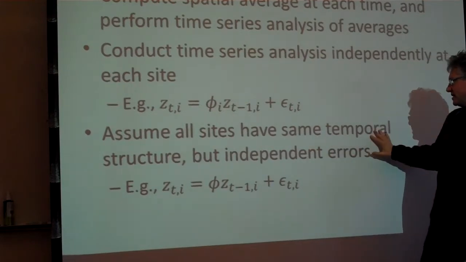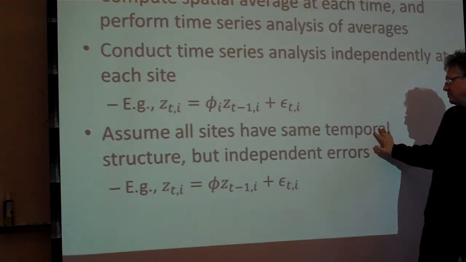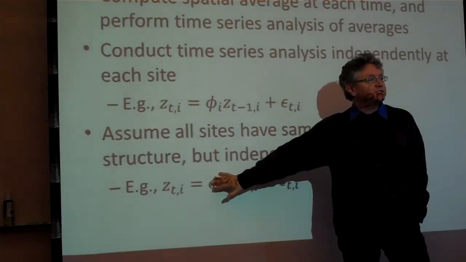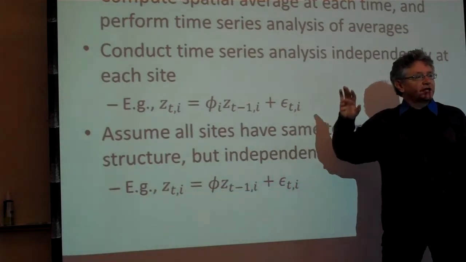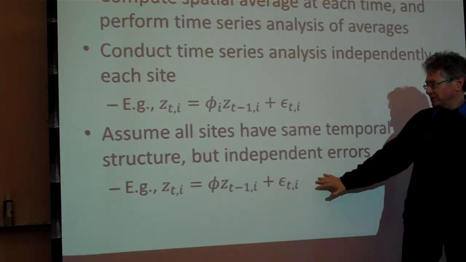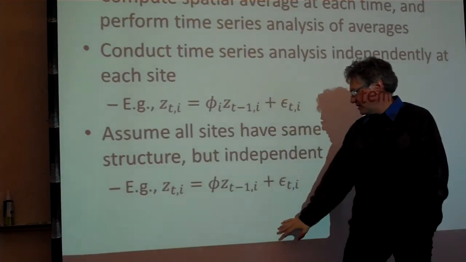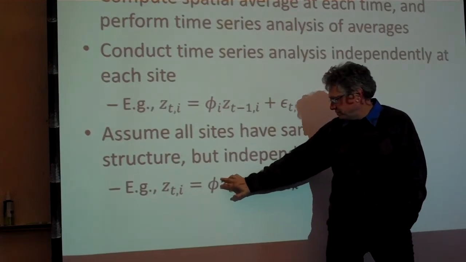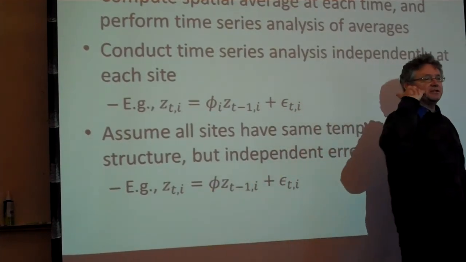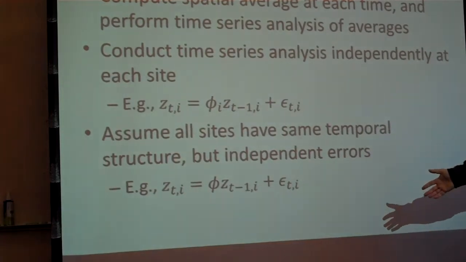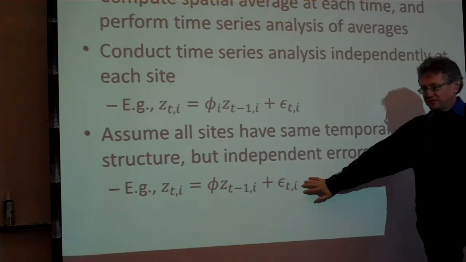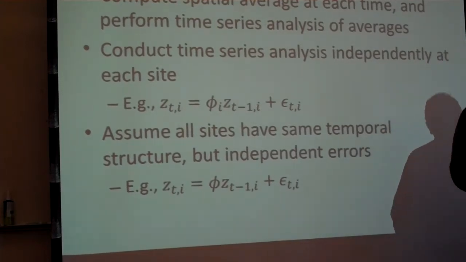You could say that they have the same temporal structure. In other words, they have the same autoregressive coefficient, but the errors are independent at each site. So in this model, Z_t of i depends on Z_{t-1} with this autocorrelation coefficient phi, which is now the same for all sites, but there's a different time series of residuals at each location.